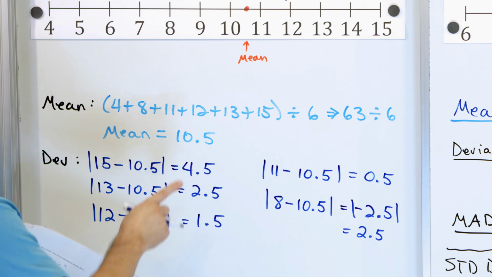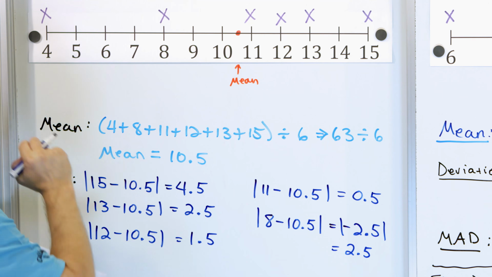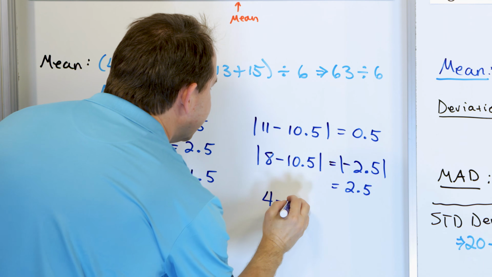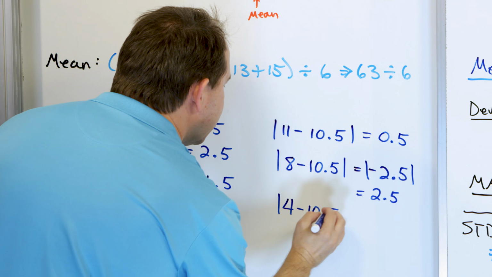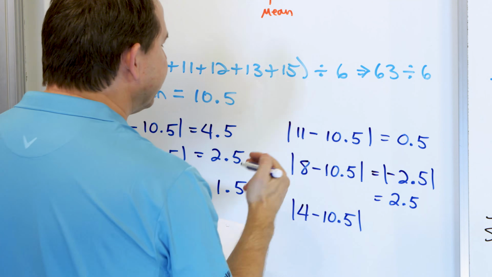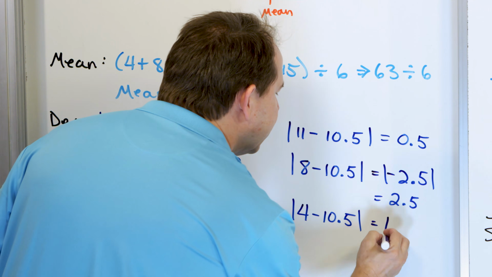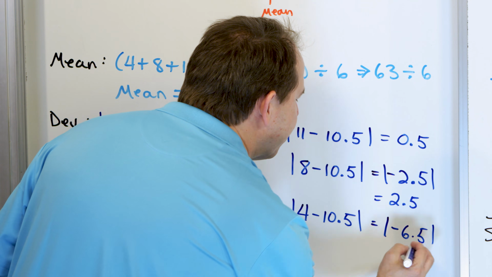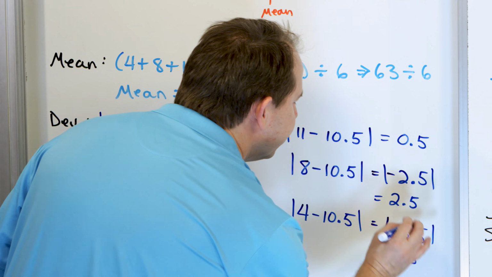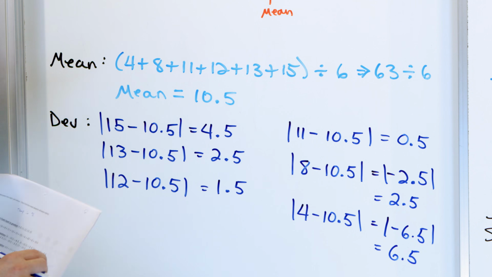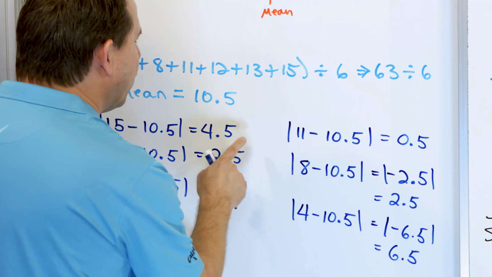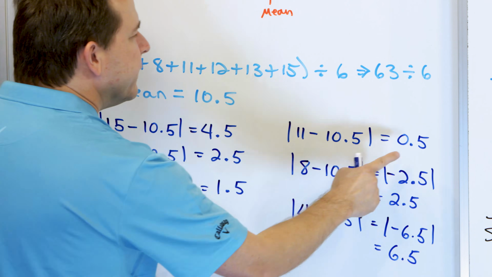And our last point is the number 4, and so we take 4 minus 10.5. Again, you can't really do that subtraction, so flip it around. 10.5 minus 4 is 6.5, but it's backwards, so make it negative 6.5. Wrap it in the absolute value, we get 6.5 is the answer. So what we basically figured out is that for all 6 of these points, we know how far away they are from the mean.